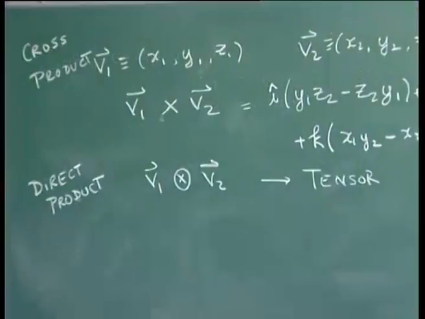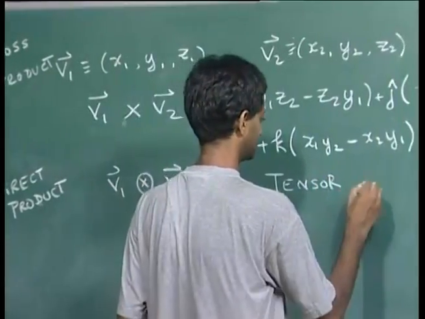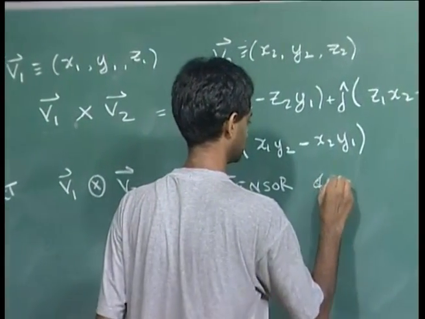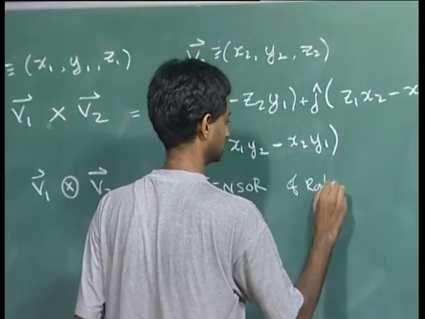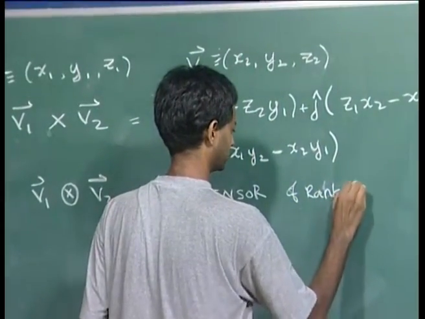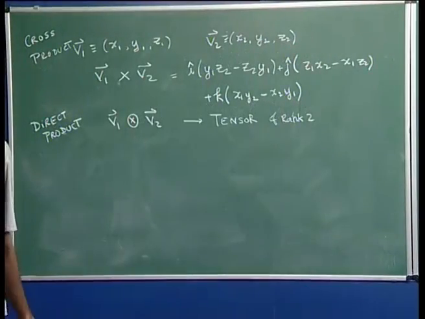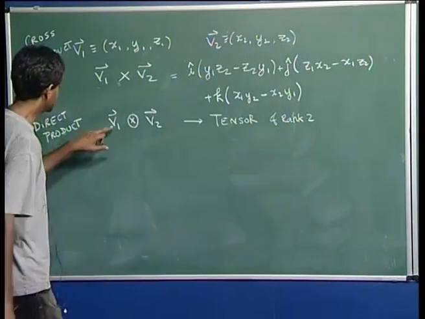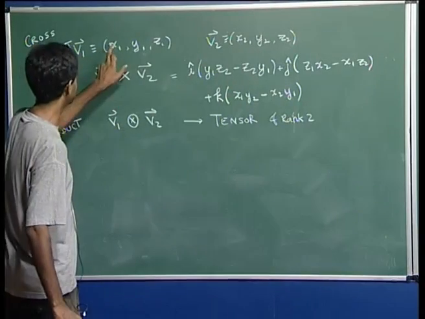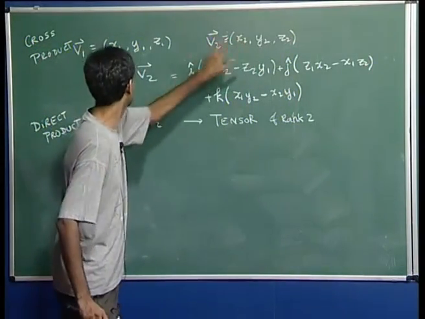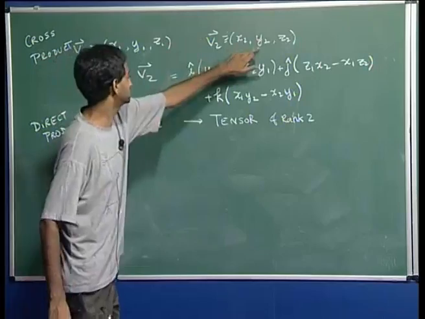Okay. So it yields an object called a tensor, and this is a tensor of rank 2. So what is the idea of the direct product? In the dot product we multiplied x1 by x2, y1 by y2, z1 by z2.